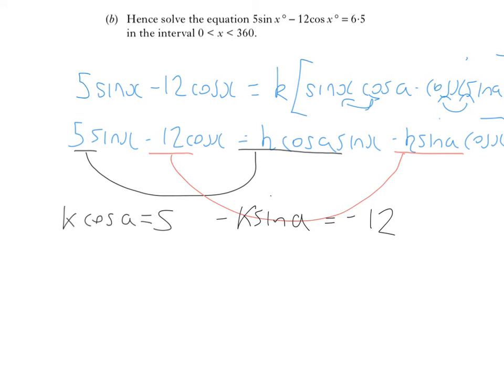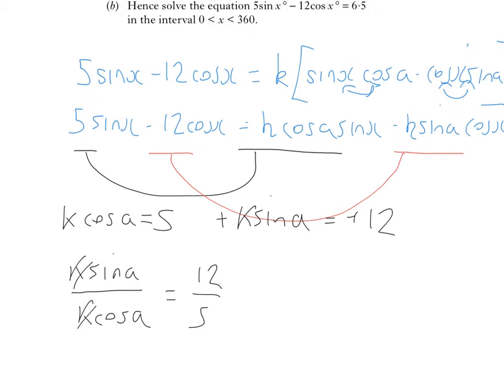I'm just going to quickly cancel the negatives, and k sin a will be equal to 12. So I've got k sin a over k cos a is equal to 12 over 5. K over k goes.